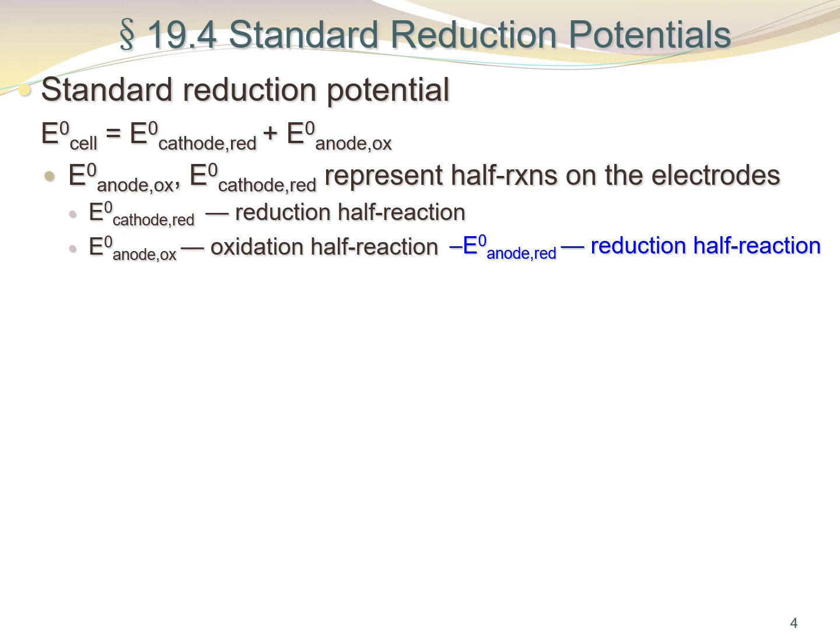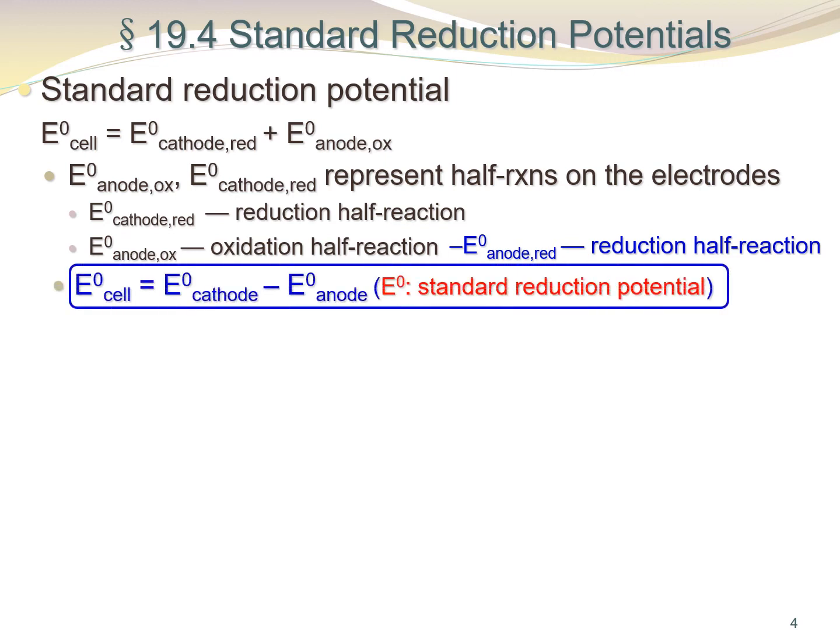In other words, we do not have to worry about potential of oxidation anymore. We can simply replace those with the potential of reduction with a negative sign in front.